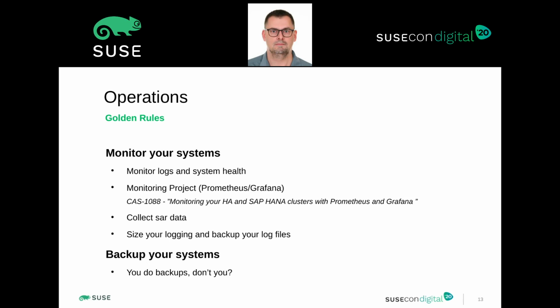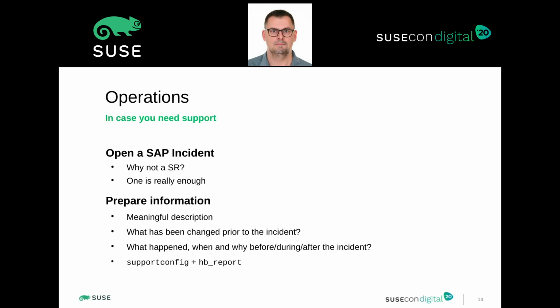And of course, you also do backups. I don't have to remind you to do so, and you always check if a backup works and also if the restore is still possible. If there is an incident, I would recommend please open an SAP incident and not an SR. Why?